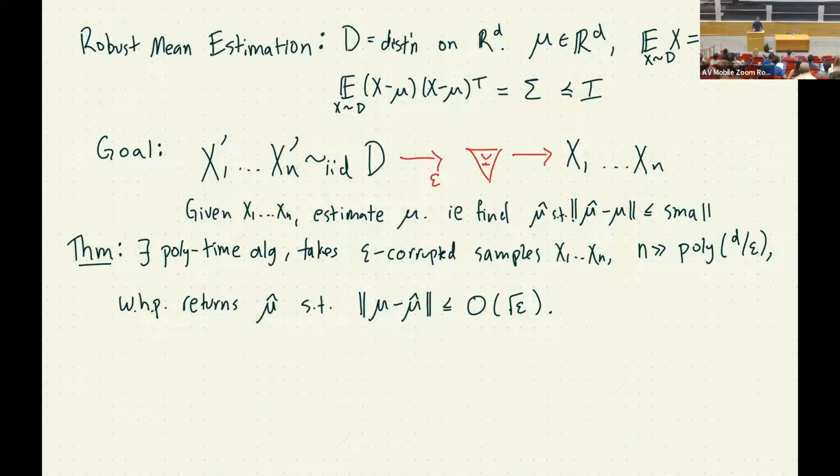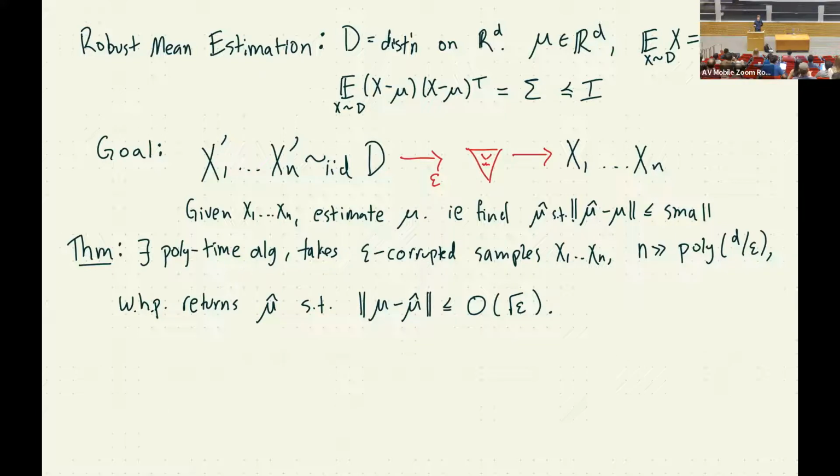Right, follow up on Rennie's question. Is there some kind of natural assumption that you can make on the ability to corrupt these points, like some bounded covariance that would allow you to get the epsilon? Nice question. I don't know about an assumption on the ability to corrupt the points. Bounded covariance actually would not do it. You can make stronger assumptions on the underlying distribution.